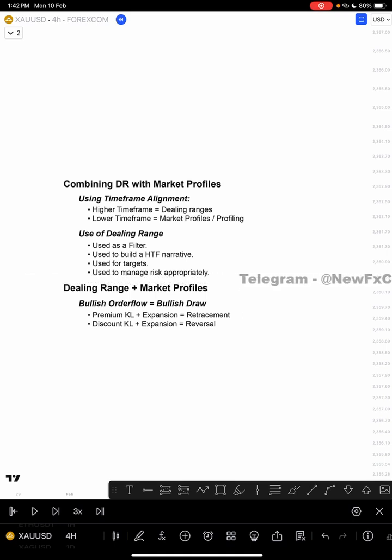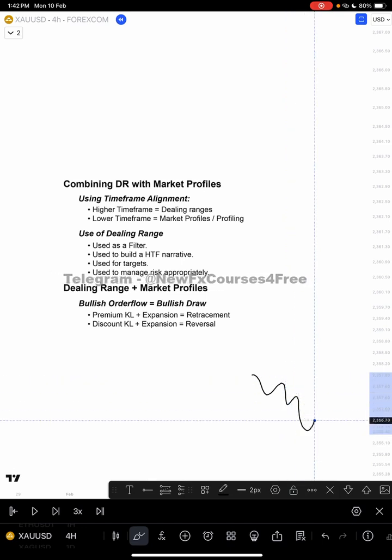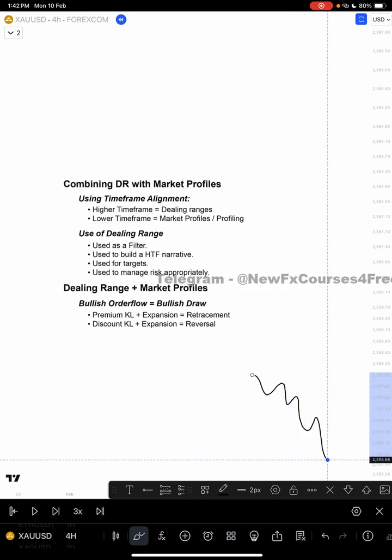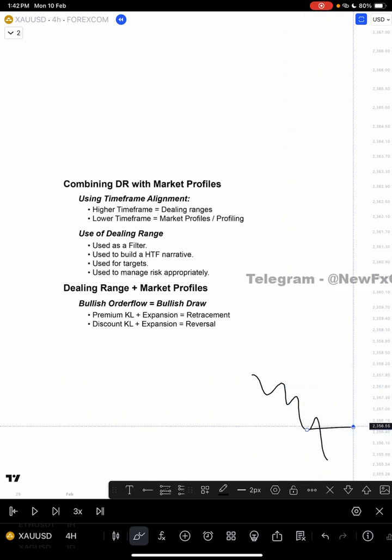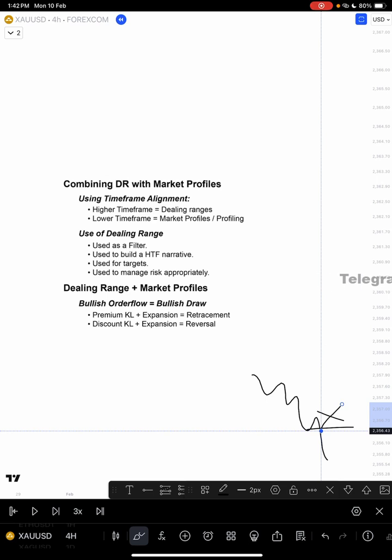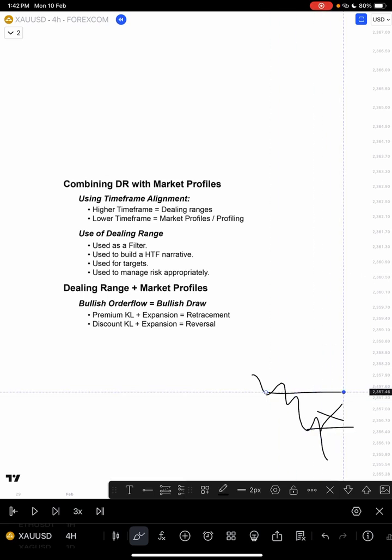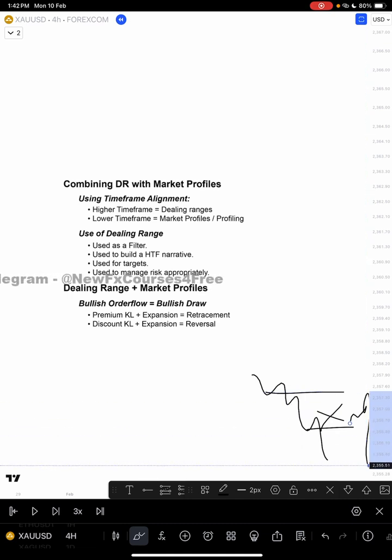Remember, we actually sell at a premium and buy at a discount. Maybe you see an order block which is not actually on a premium. You can filter this and say you don't want to trade this, you want to trade off the premium, and maybe when market retraces there, you can take your shots.